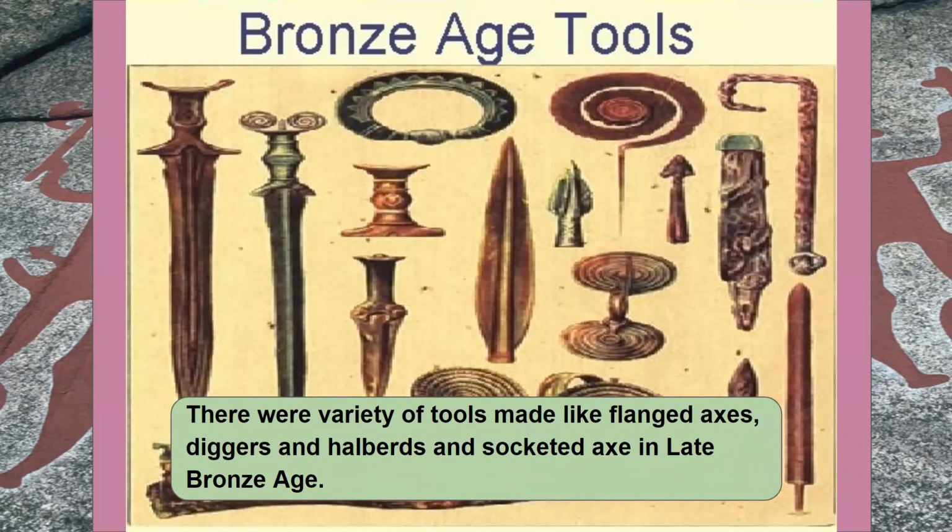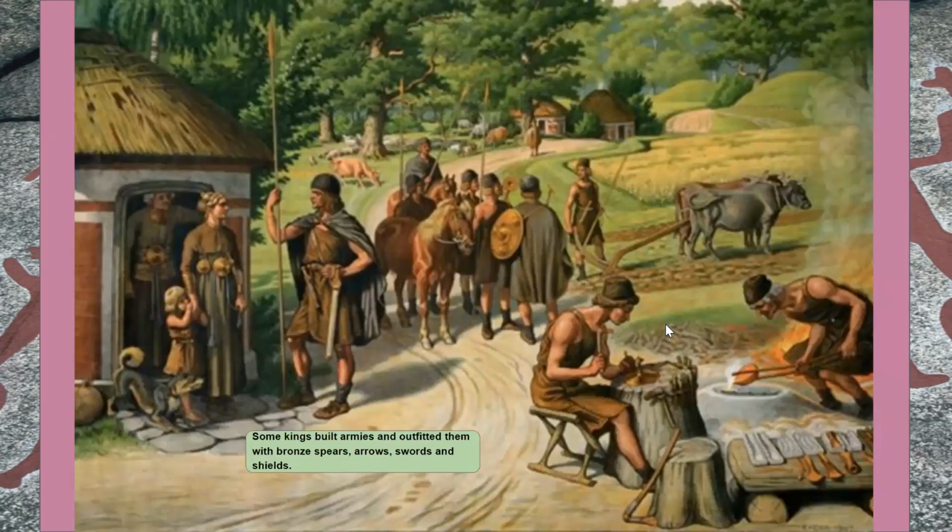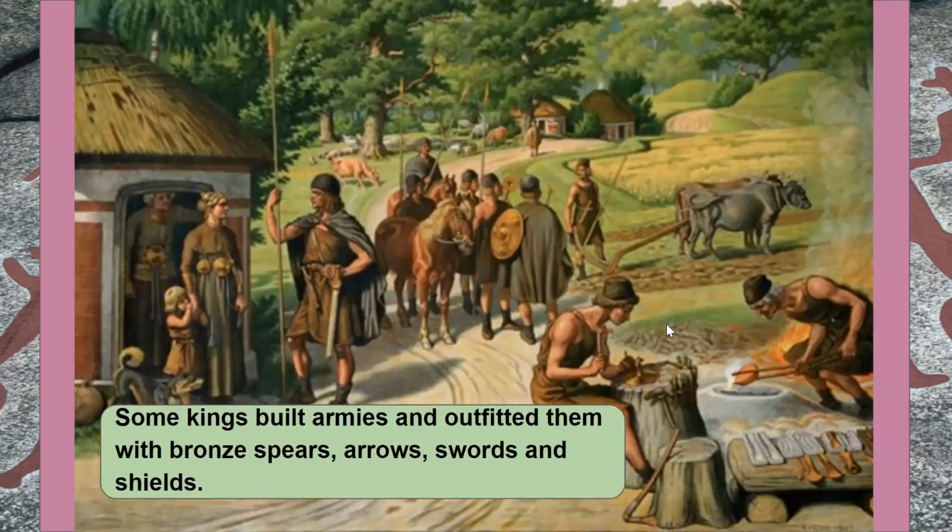Metal workers and those who traded metals were the most important and wealthiest people in Bronze Age society. Because of them, some leaders like kings built armies and outfitted them with bronze spears, arrows, swords, and shields.